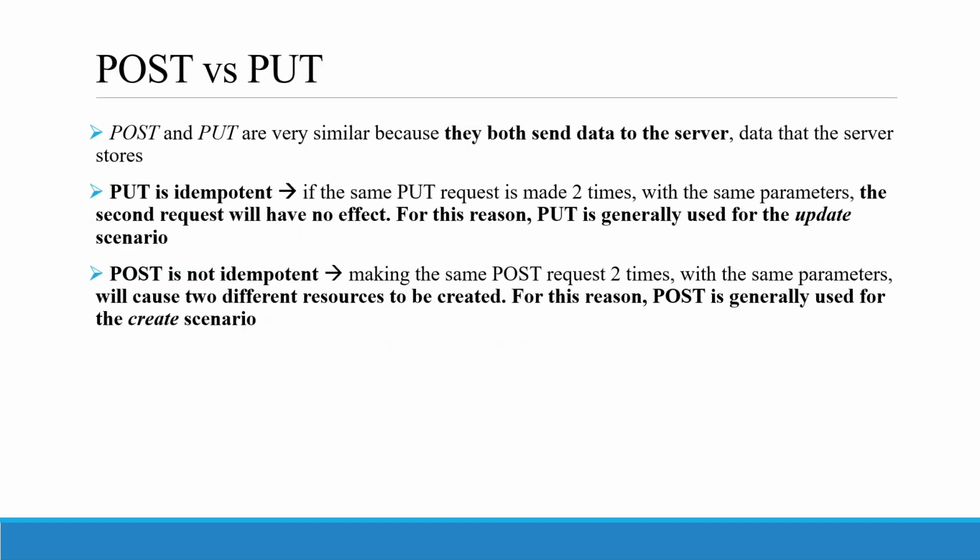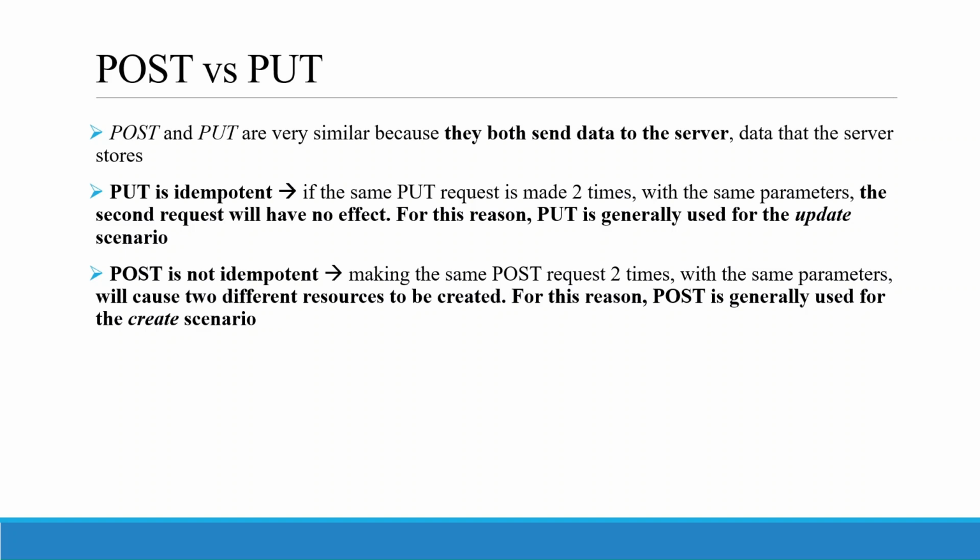Now, let's see the difference between the methods POST and PUT. They are very similar because they both send data to the server, data that the server stores. Okay. But on one hand, the method PUT is idempotent. It means that if the same PUT request is made two times with the same parameters, the second request will have no effect.